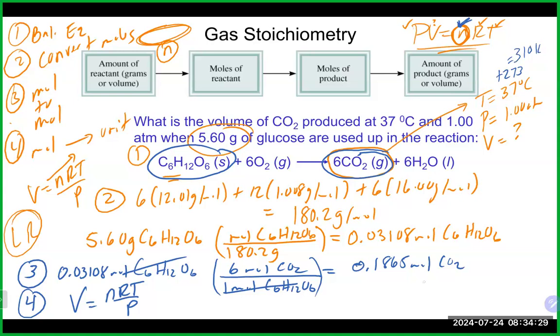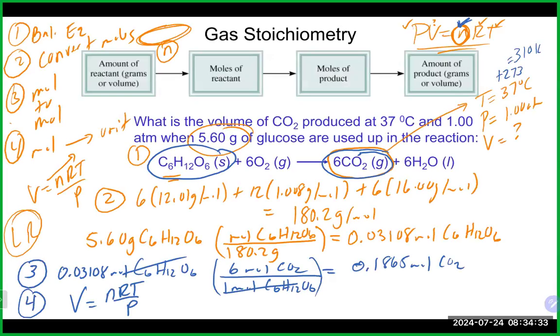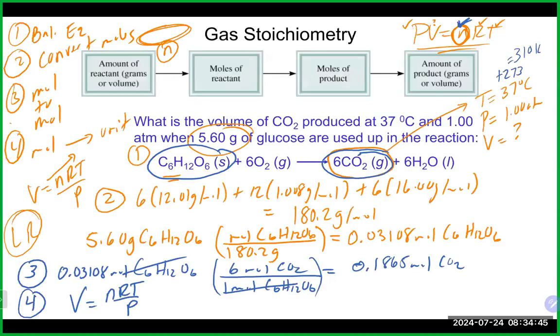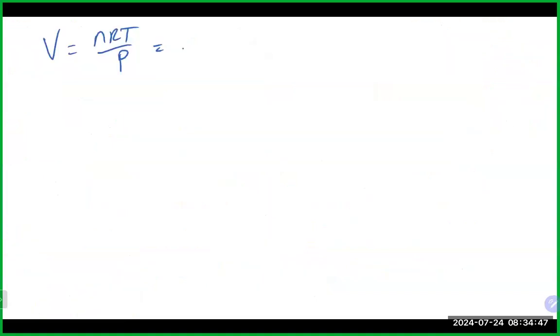So putting that in, maybe go on this page here. So V is equal to nRT over P. So we just got our moles there, which is 0.1865 moles. We'll use our gas constant 0.08206. I believe our temperature was 310, if I'm not mistaken.